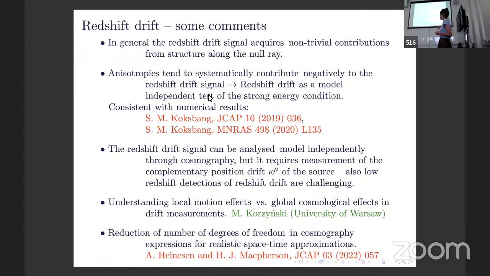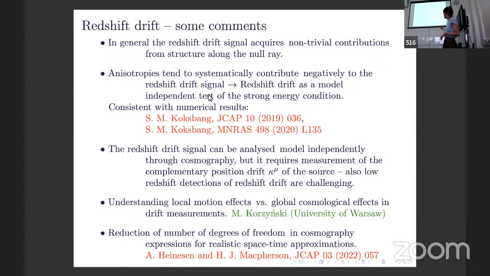Yes, and redshift drift signals can, in principle, be analyzed with cosmography if we have enough low redshift drift measurements. This is probably a long-term future goal, but in principle, it's possible. Then we might also be interested in understanding local motion effects, for instance, within bound structures, and how they affect cosmological drift effects, and how they can be distinguished from the cosmological effects that we see from differential expansion of space, for instance, which I talked about here.